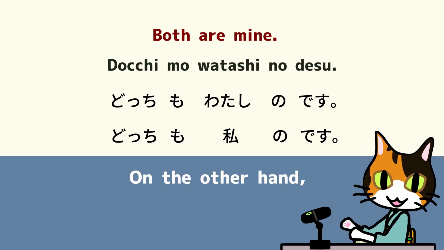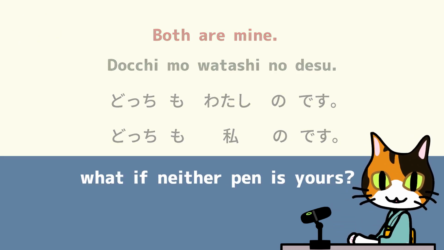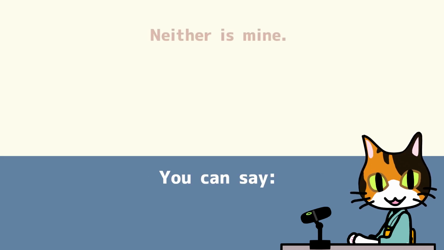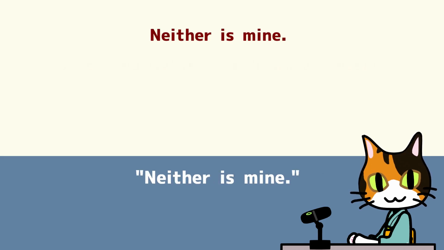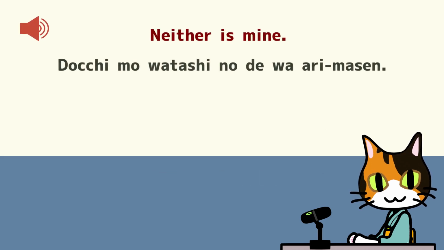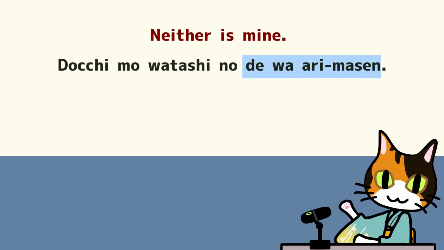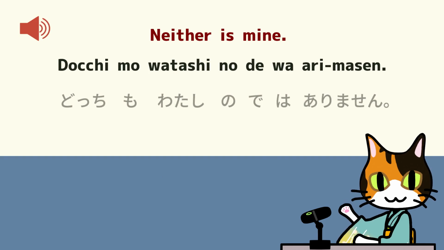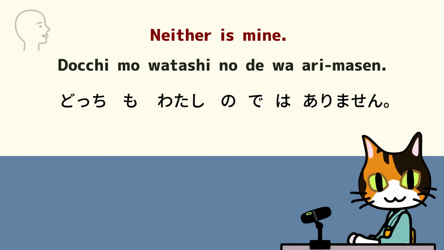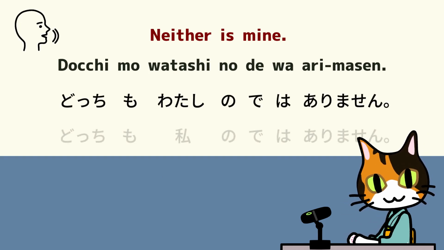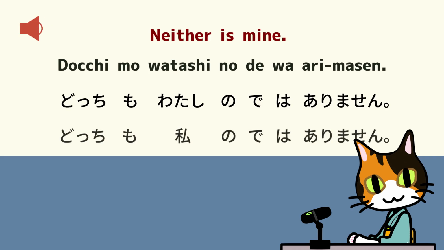Excellent. On the other hand, what if neither pen is yours? You can say, "neither is mine." どっちも私のではありません。 Just change the desu part to the negative form. Let's practice. どっちも私のではありません。 Very good.